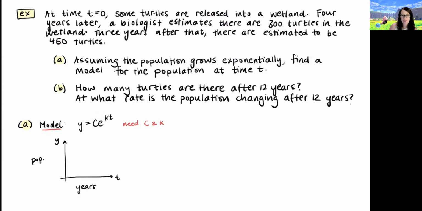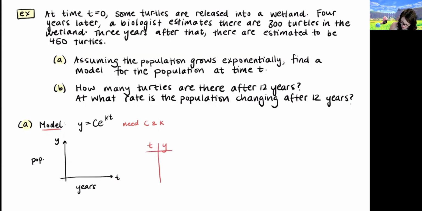We actually know a couple things. We don't know how many were released in the beginning, but we do know that after 4 years, we've got a total of 300 turtles. So we could plot some points here, but we can also make a chart, with t and y. We don't know at 0.